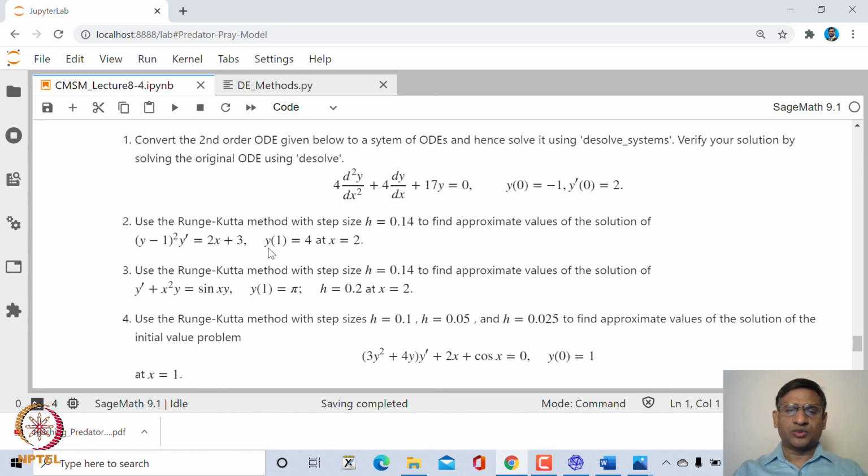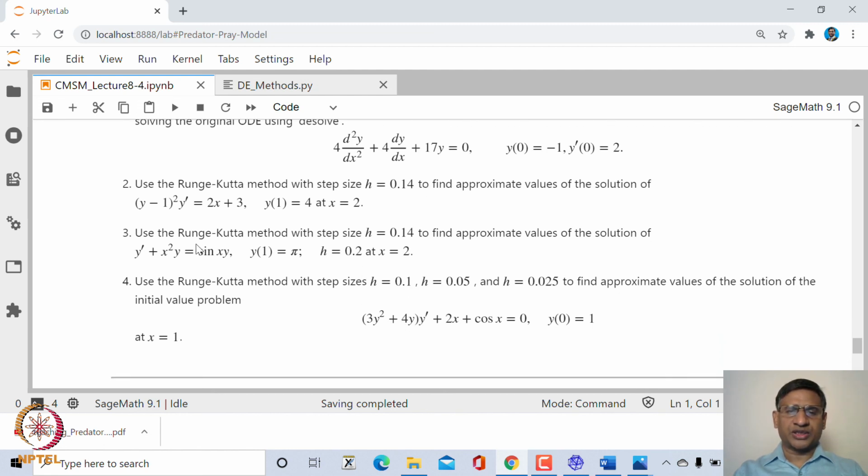Here the initial condition is y(1) = 4, and you need to approximate y between 1 and 2 with step length 0.14.